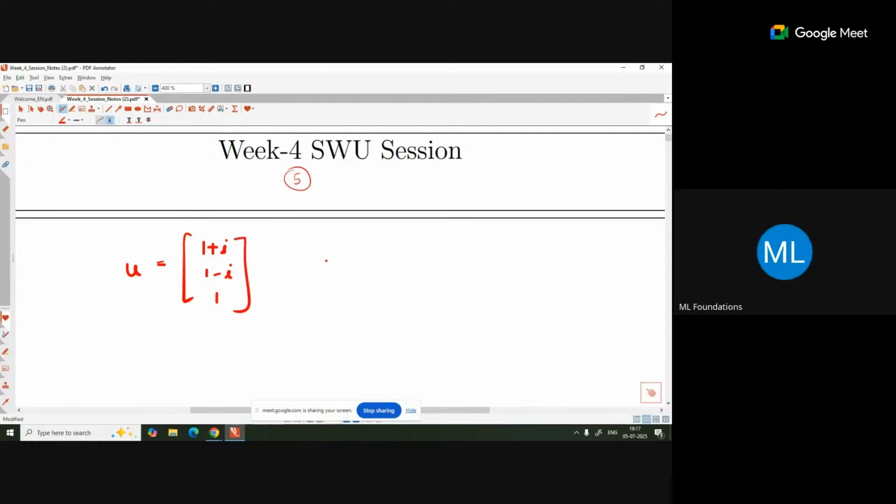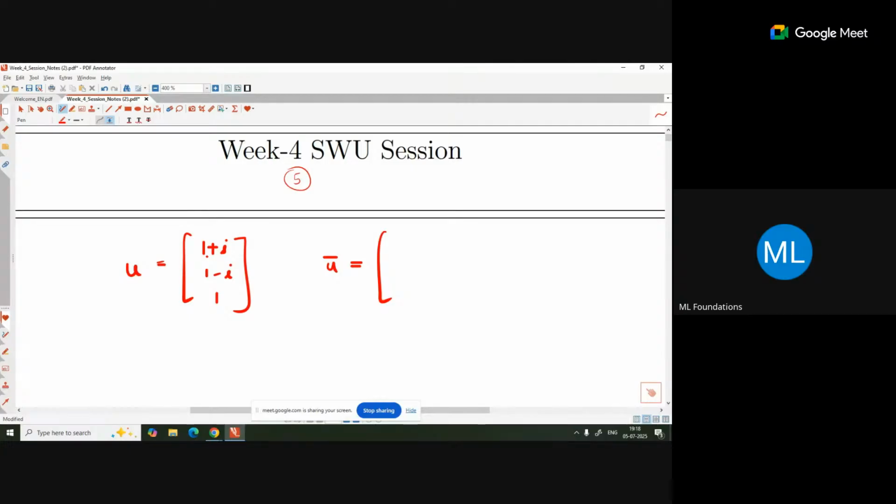So the length of the complex vector will be what? And what is the conjugate? First of all, we'll understand conjugate. How will you decide the conjugate of the vector? Wherever your imaginary number is there, we'll have to change the sign of the imaginary number.